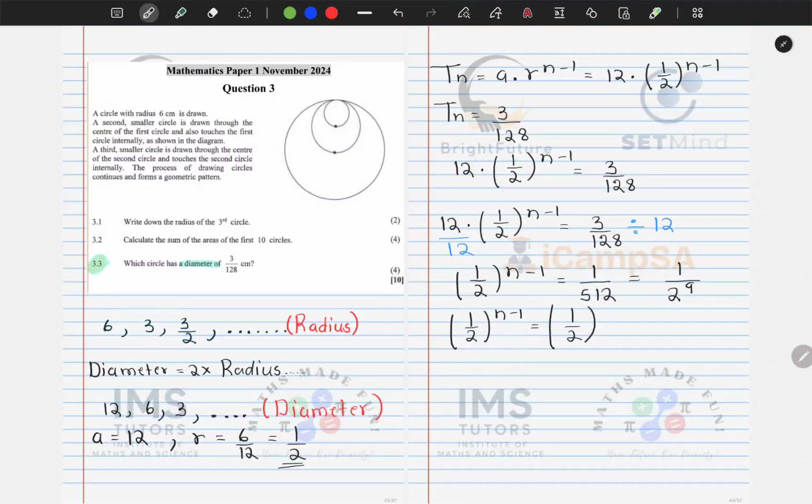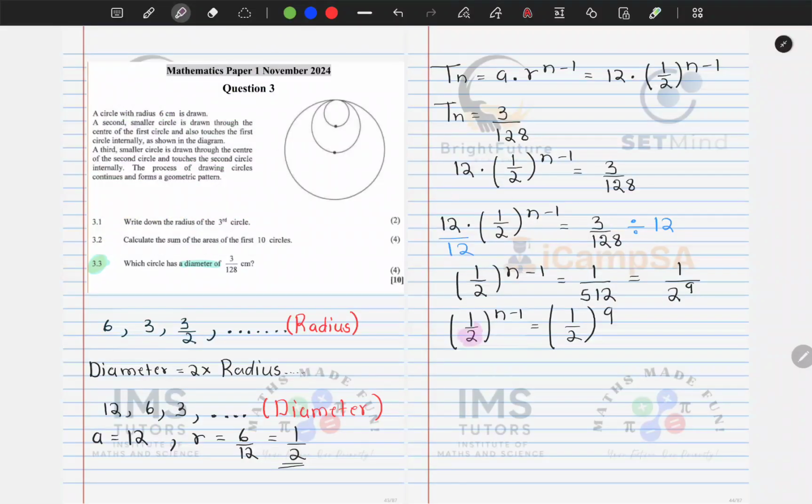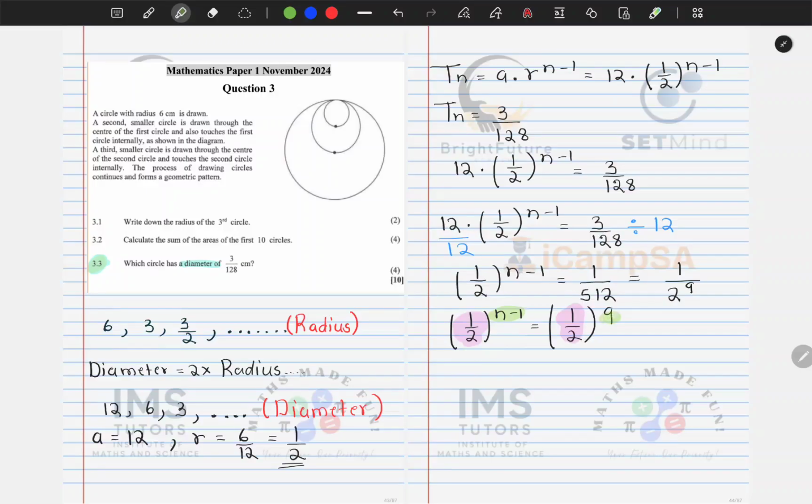So we can have 1 over 2 to the power of 9. And guess what? Once the bases are the same, all we do is equate the exponents. The bases are the same. What needs to be equated are these guys, the exponents. So n minus 1 should be equal to 9. And if you look carefully, you will see that n will be 10.